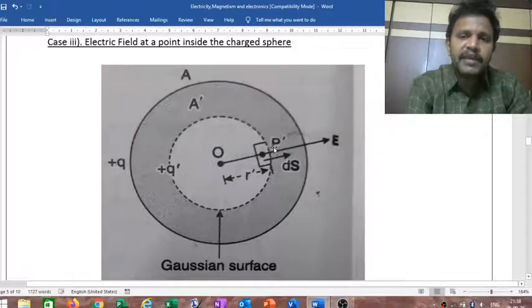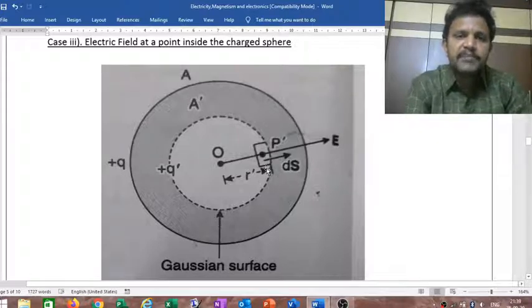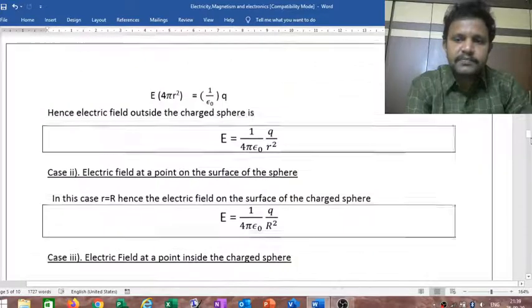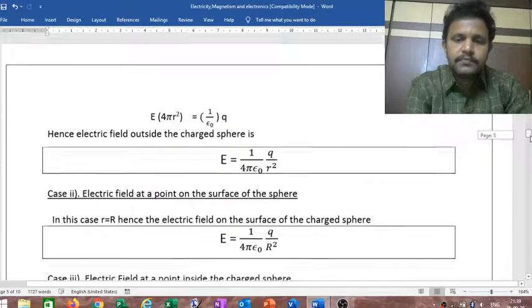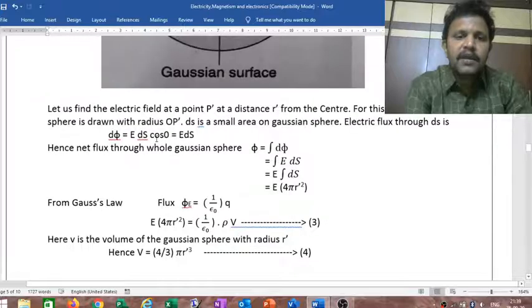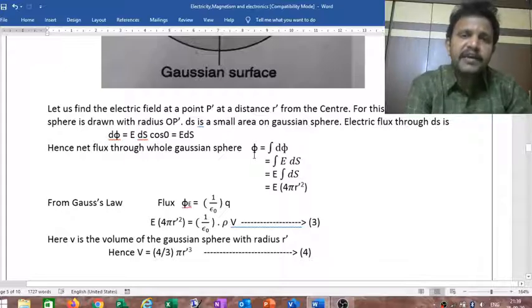Similarly, as in the above case, E and dS are parallel to each other. So once again, the flux through dS area, d phi, becomes E dS. Let us see. Flux through dS area d phi is equal to E dS cos 0. Again d phi becomes E dS, but our target is to determine the electric flux through the entire inside Gaussian sphere.